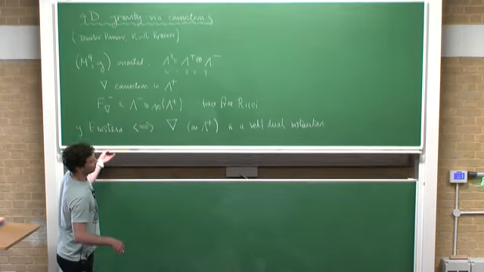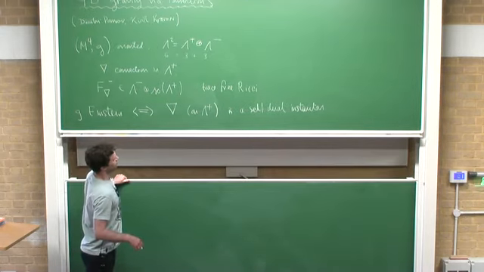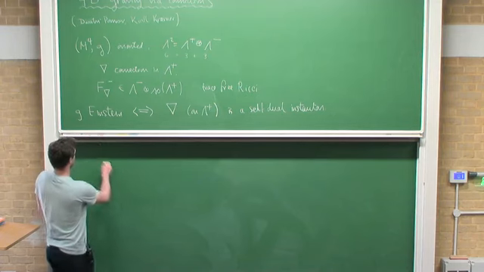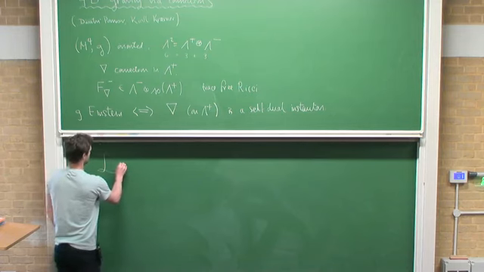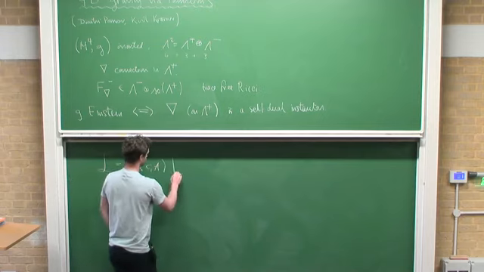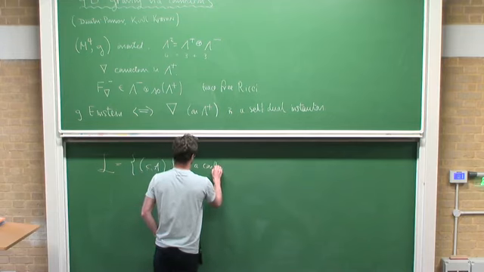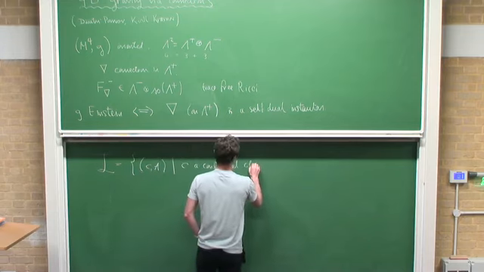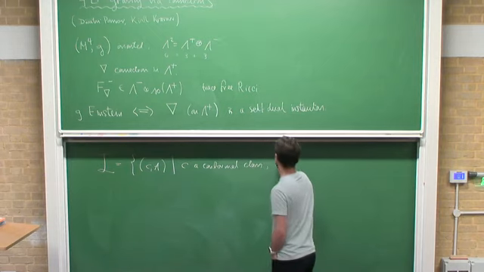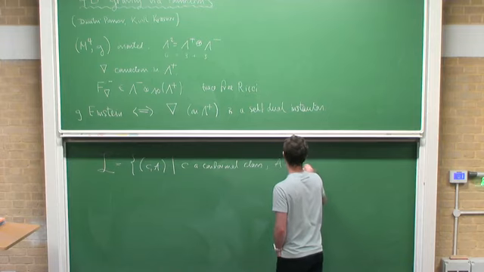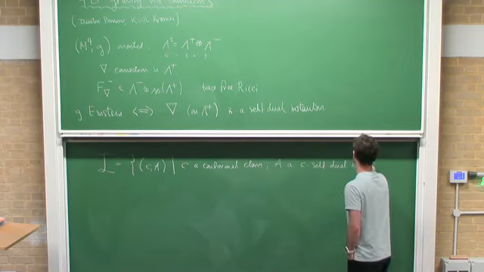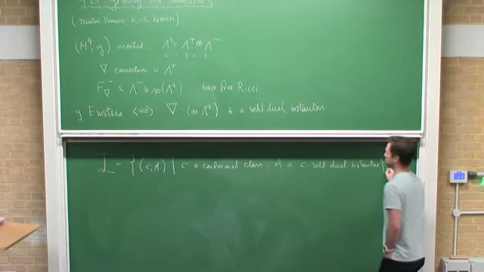Okay, so what this means is that the Einstein metrics are kind of hidden in the following set. I can look at the set of all pairs (C, A), where C is a choice of conformal class and A is a C-self-dual instanton.